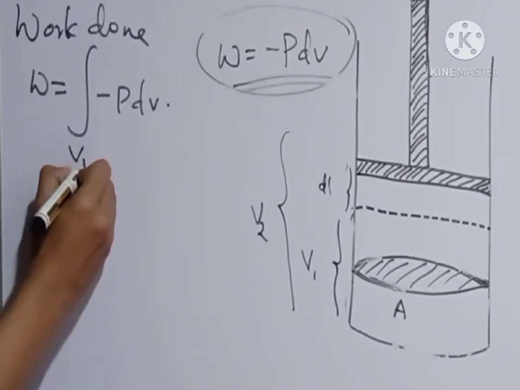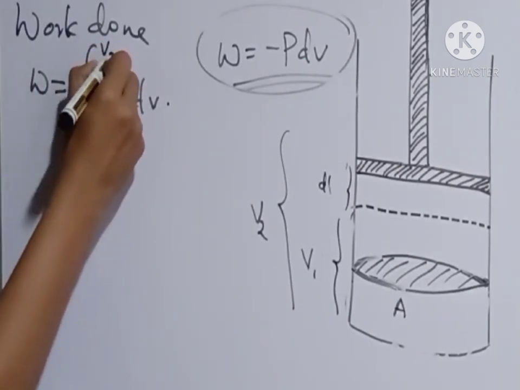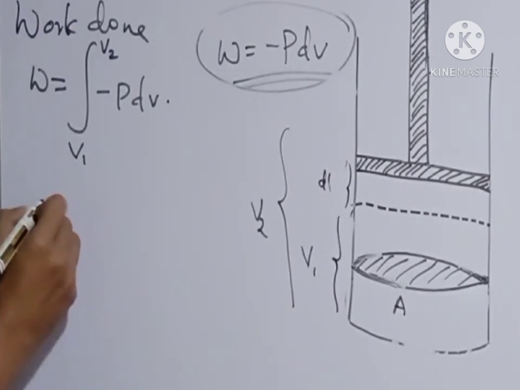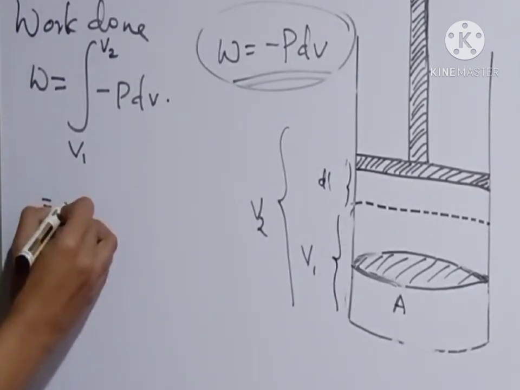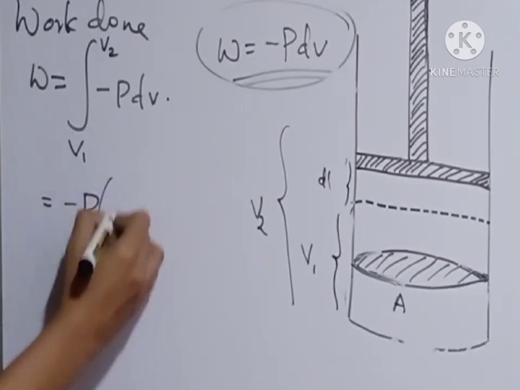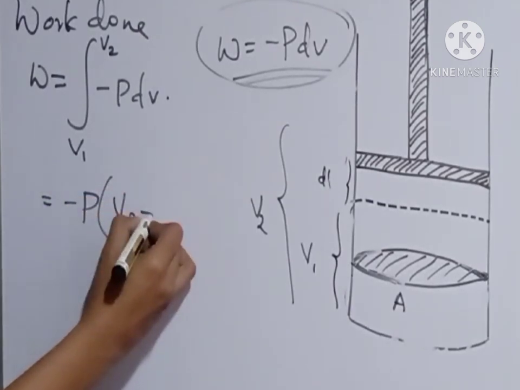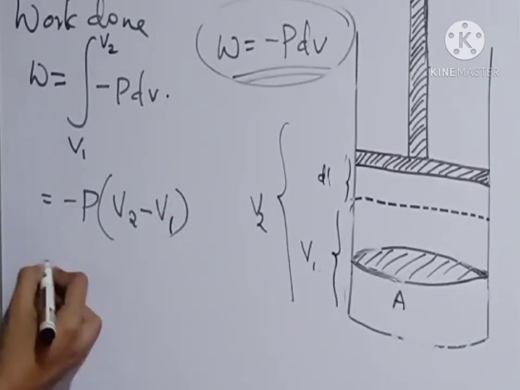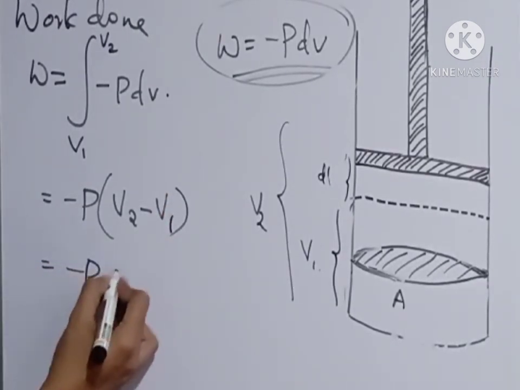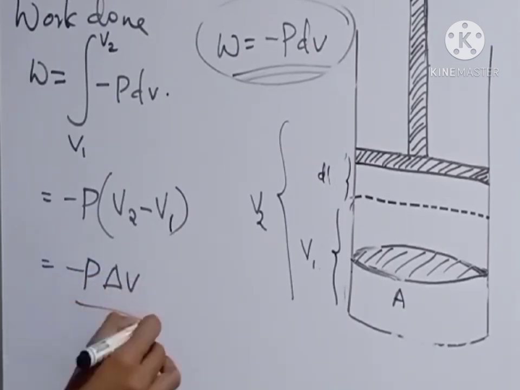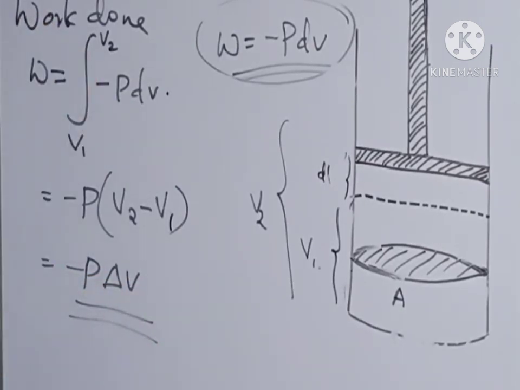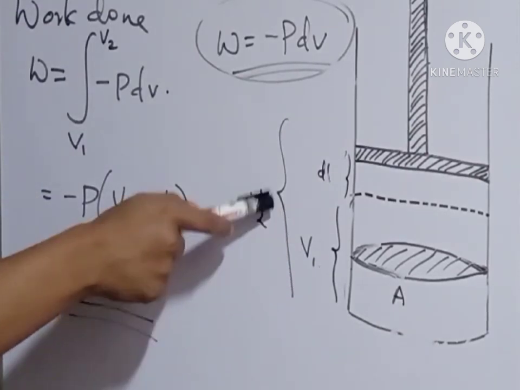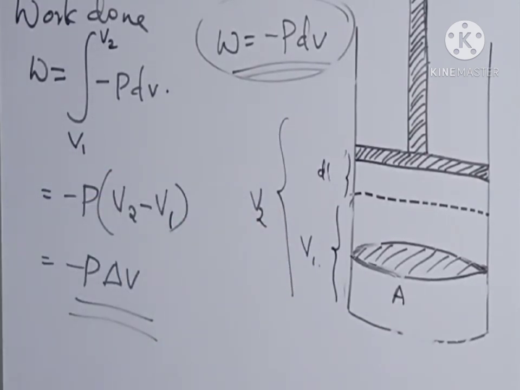That is minus P into (V2 minus V1), that is minus P delta V. This is the finite work done when expansion occurs from V1 to V2.